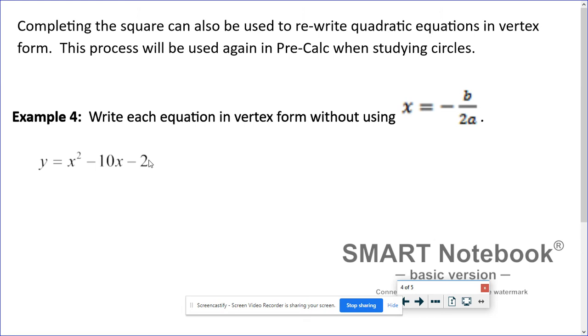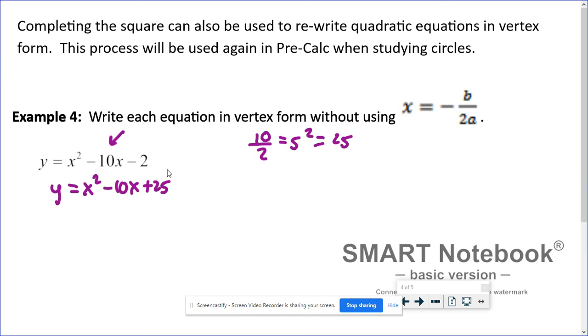What you can do here is figure out what would complete the square. All right, so still based off of that 10, half of 10 is 5, squared is 25. All right, so what you need to do is turn the constant into 25 plus something else.